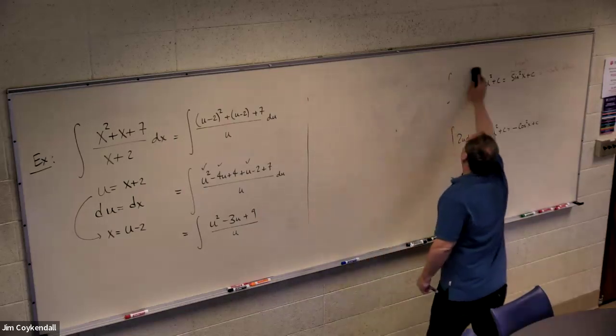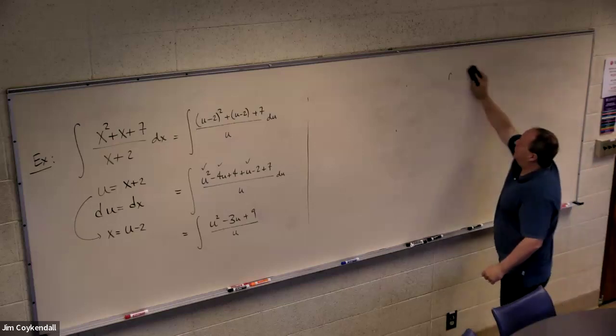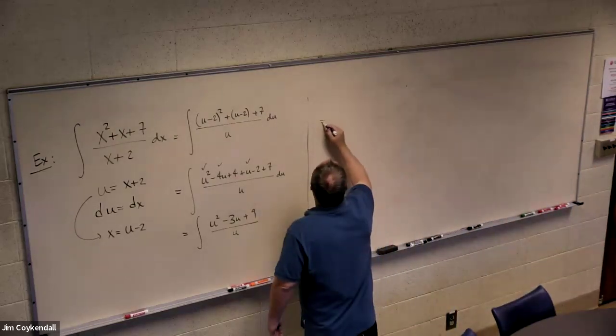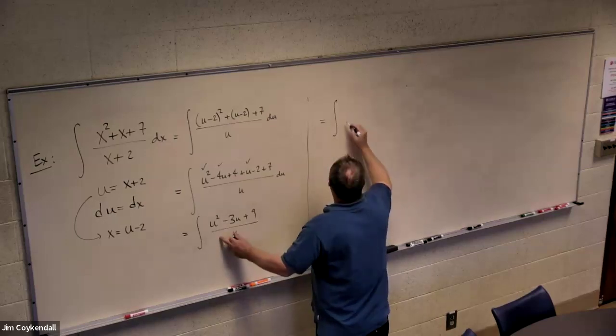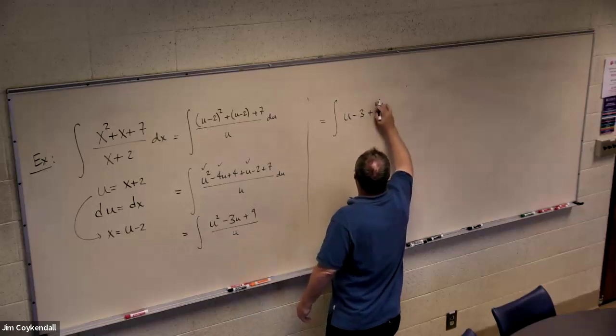So now that I've turned this into a different problem that I can do, this is the integral of u minus 3 plus 9 over u.